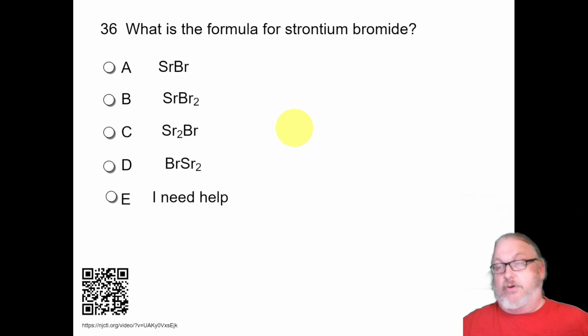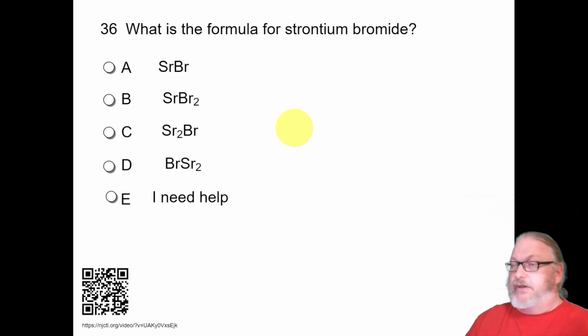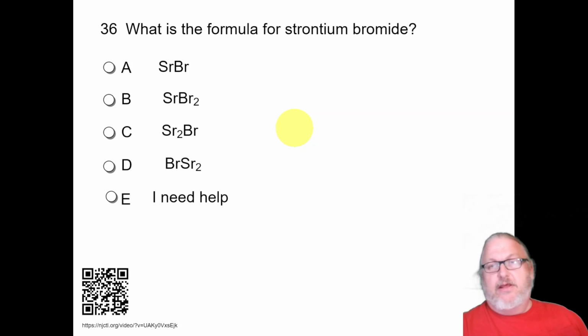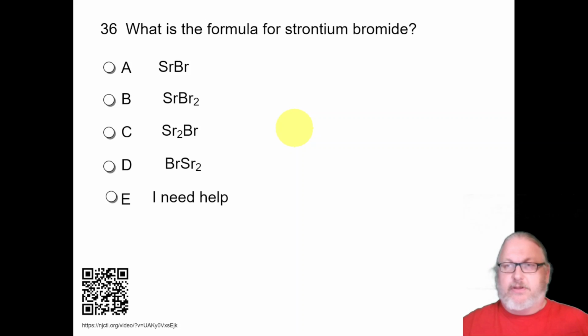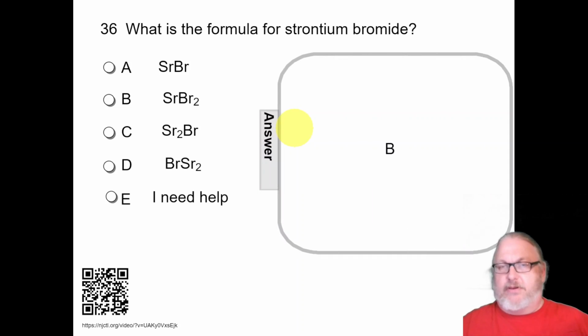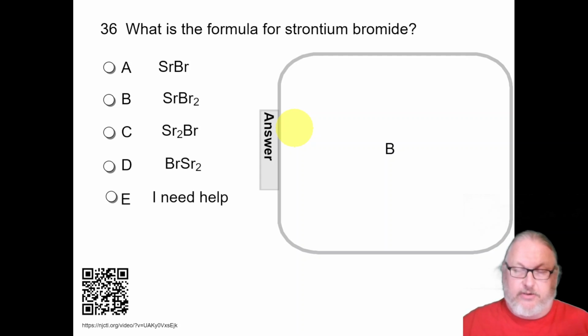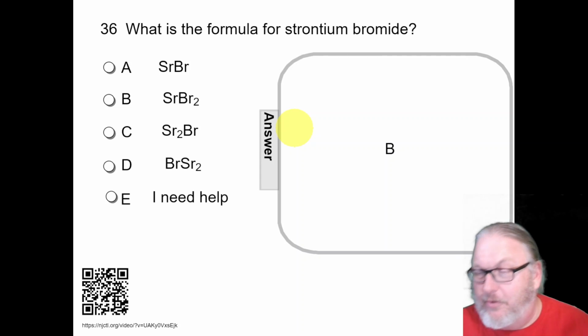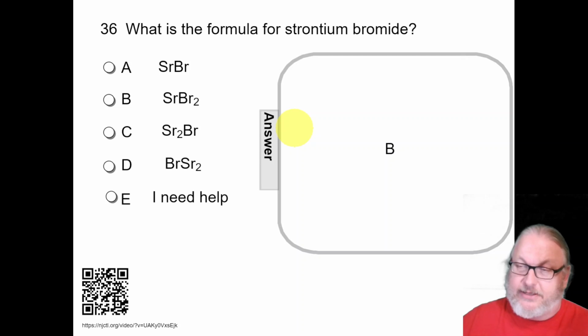Strontium is in group 2, so it's going to have a 2+ charge. Bromide is in group 17, so it's going to have a 1- charge. Crisscross them: SrBr2.